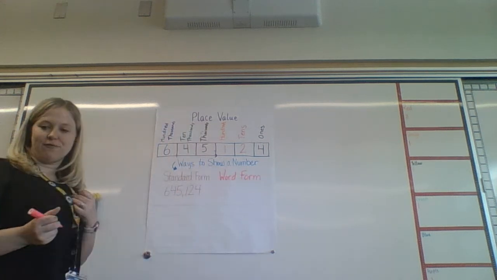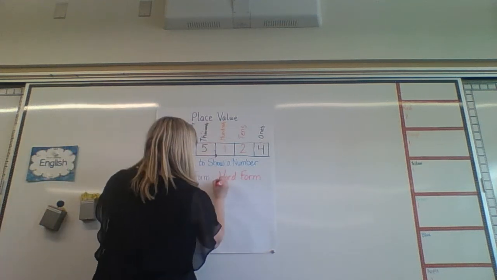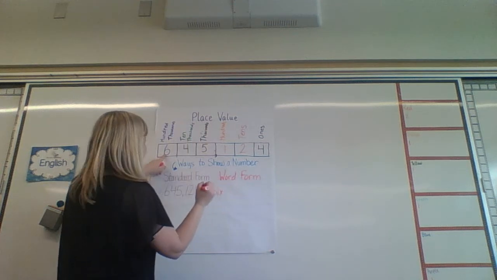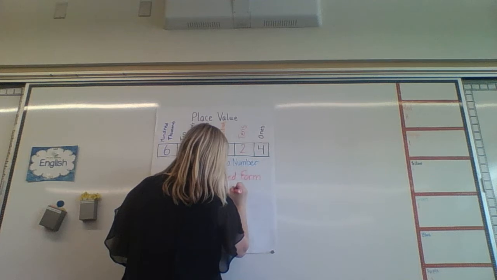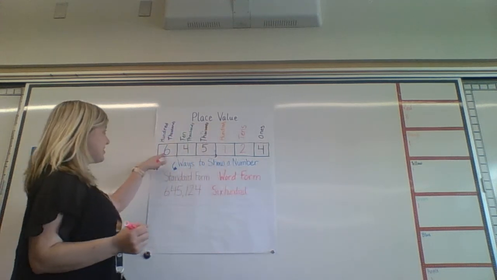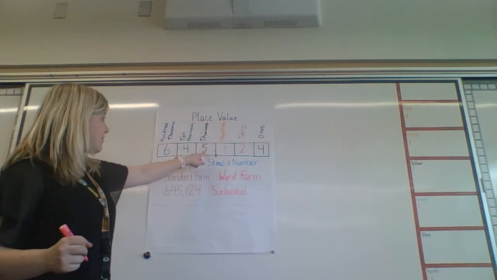The word form, for this number, we have 6, so I write, but it's 600,000. So 645,000.